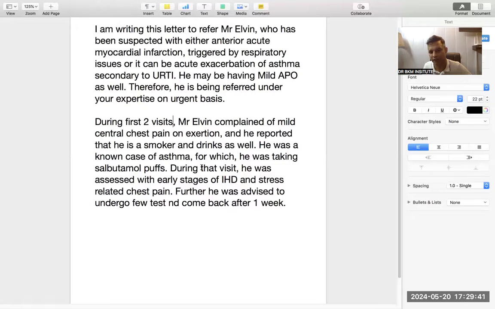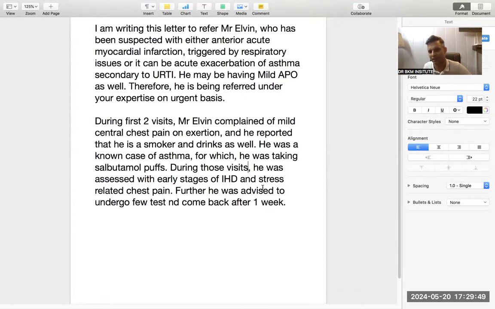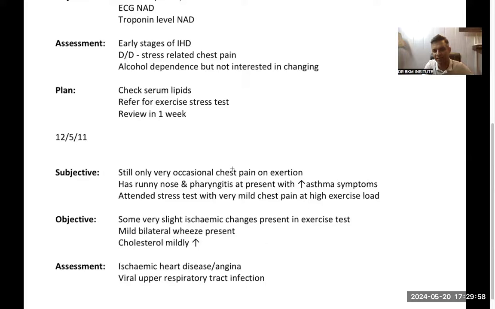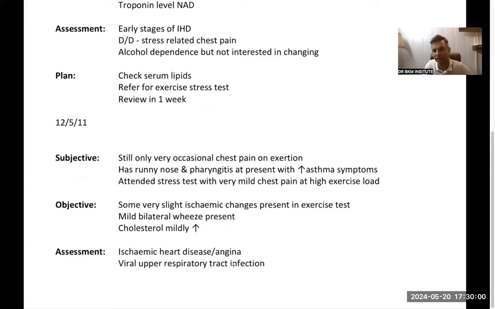During those visits, because there are two visits, that becomes plural, and there is an S as well. This is a mark of grammar. He was assessed with early stages of IHD, and then we will not write about the tests. So now I have mixed up two visits, and I will tell that he was having ischemic heart disease or angina that we have already mentioned.